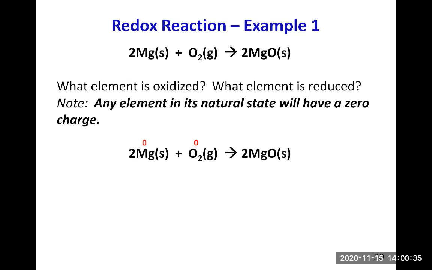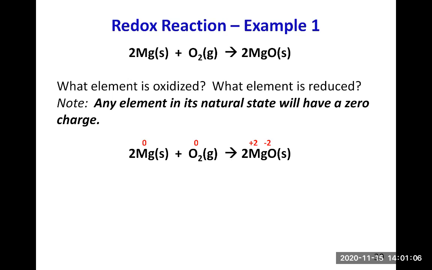Now for magnesium oxide, this is an ionic compound because it's made of a metal and a non-metal. If we look at what ions make this compound, we know that magnesium from group 2A makes a 2+ ion, and oxygen from group 6A makes a 2- ion. So those are the charges for magnesium and oxygen in magnesium oxide.